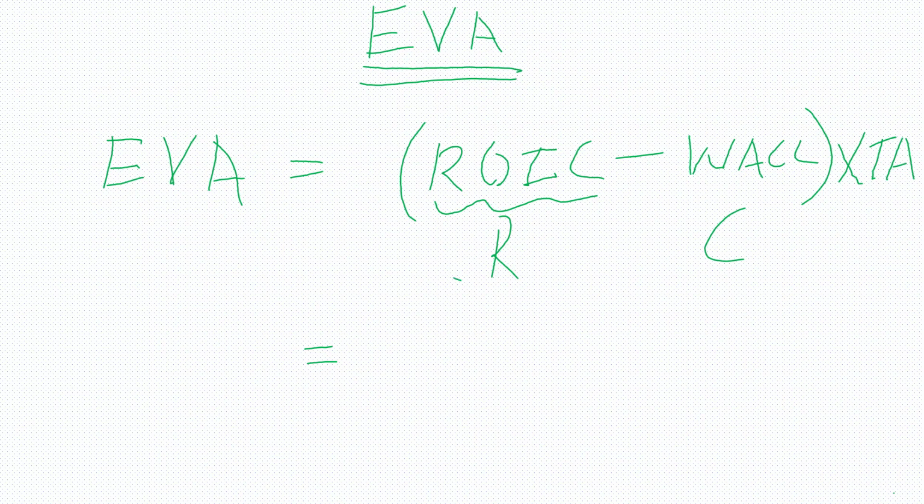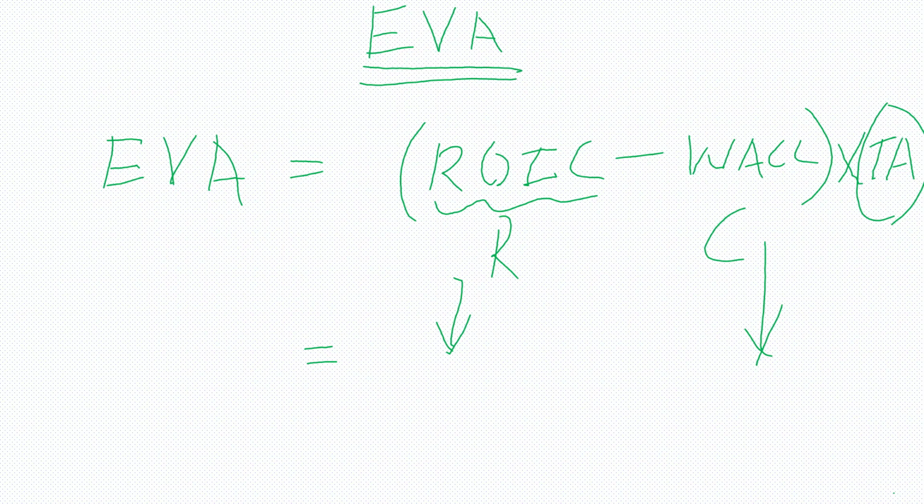This is the overall rate of return, and this is the weighted average cost of capital, which is the overall cost of financing. If you subtract the overall cost of financing from your return, that gives us the excess value the business is creating, and if you multiply this by total assets, that gives us the overall economic profit the firm has earned over a period of time.